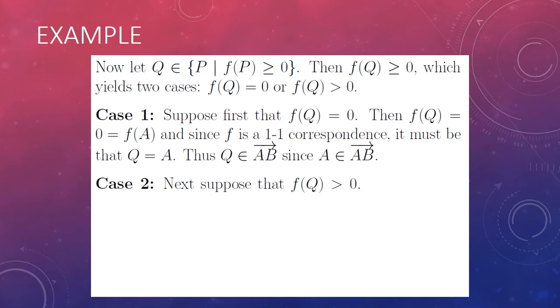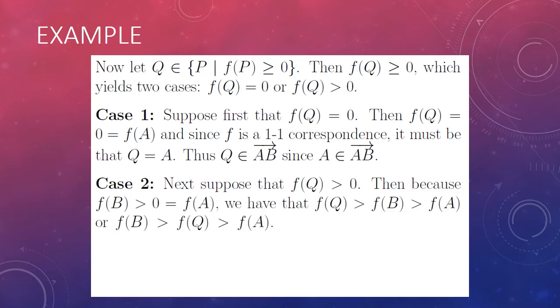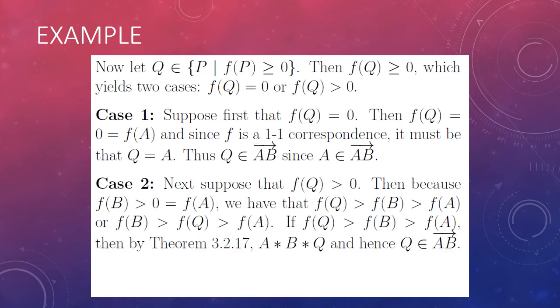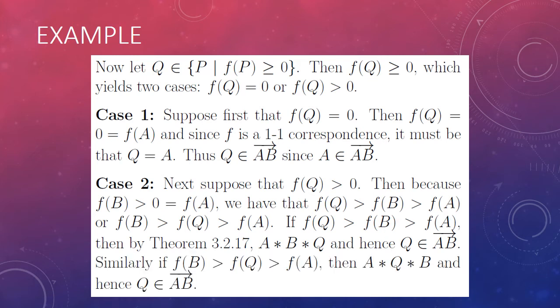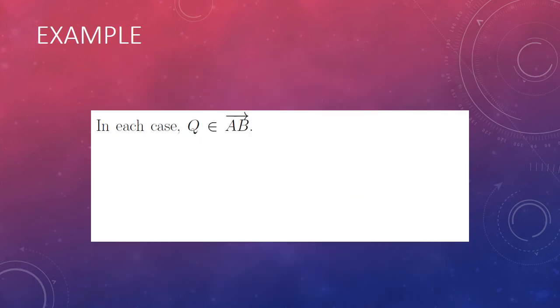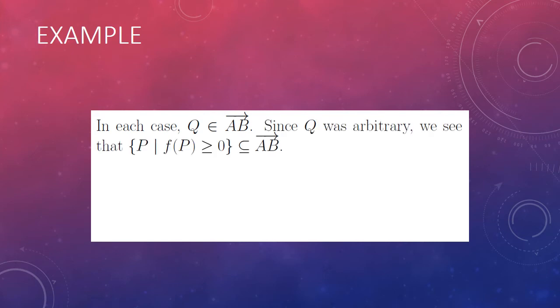Next, you suppose that f of Q is greater than 0, and then because f of B is greater than 0, which equals f of A, you have, of course, either this or that situation. Both of those yield by theorem 3.2.17 that Q ends up on the ray in both cases, which tells us that in each case Q is in the ray AB.